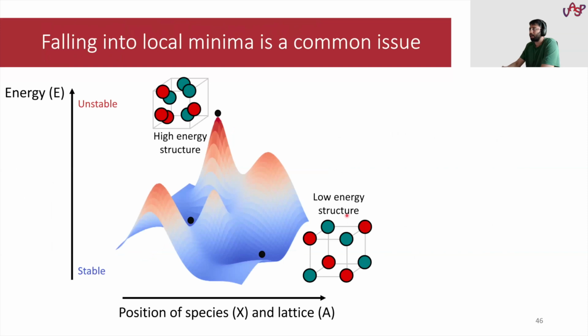And finally, something we have not spoken about in this presentation is that you tend to fall into not just one local minimum, but several local minima with these methods. So say you start from here, there is no guarantee that you fall into this nice low energy structure minimum. You could descend down this pathway and go here. This is perhaps not ideal. Maybe you're not looking for this and so on.